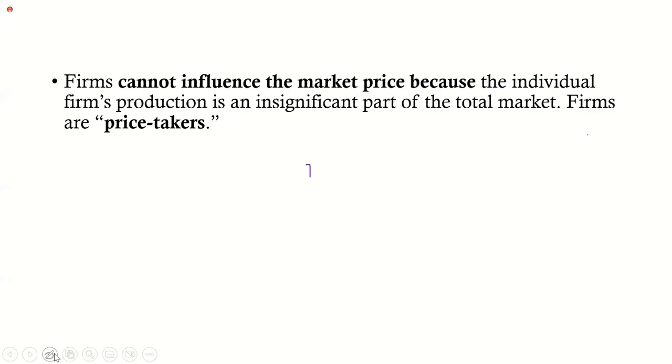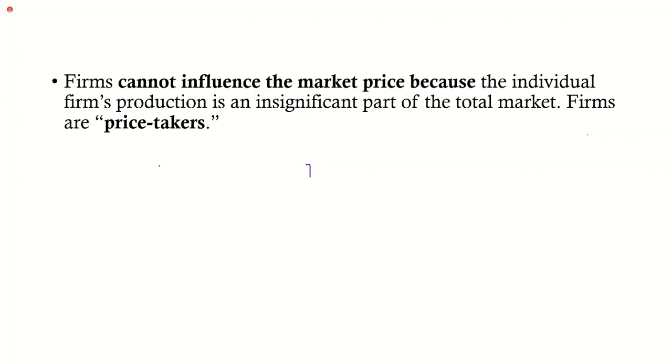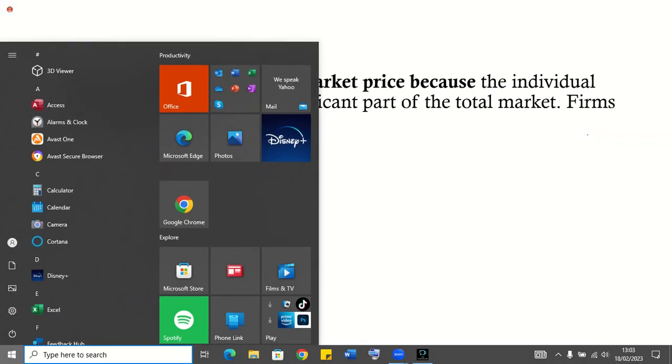We are familiar with the equilibrium. If you draw the paddy market equilibrium for this type of perfectly competitive industry, you have supply and demand. So this would be the equilibrium of the entire market.